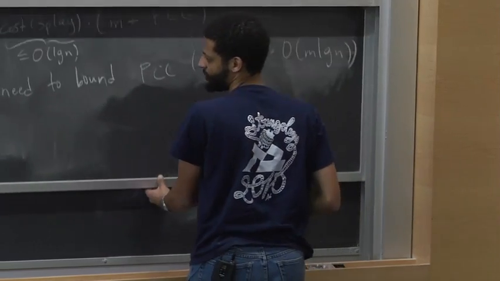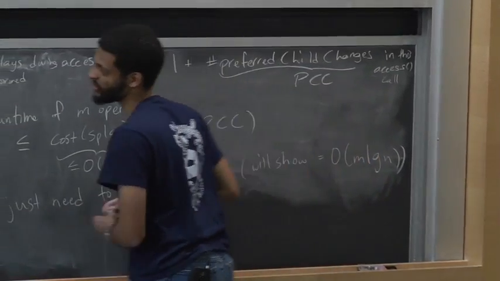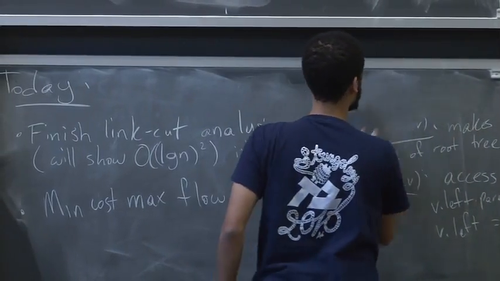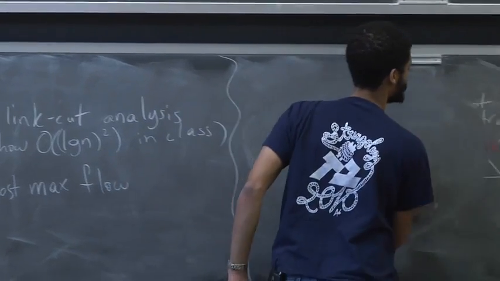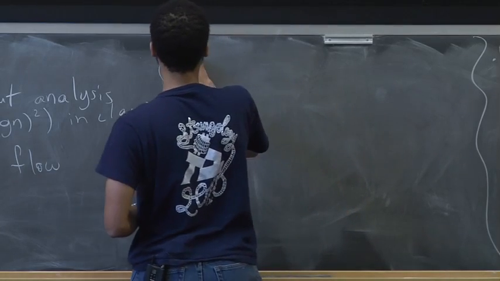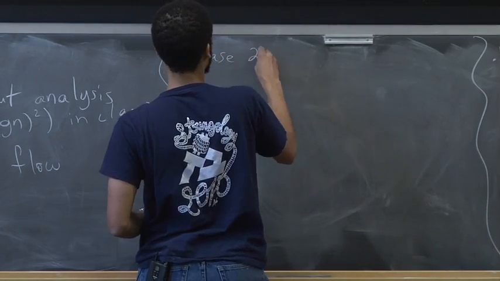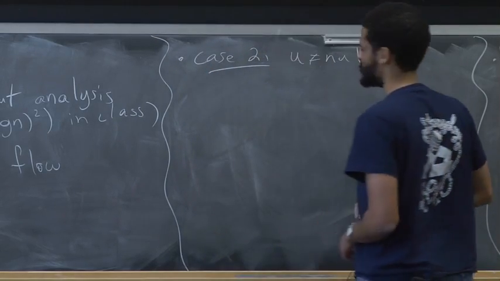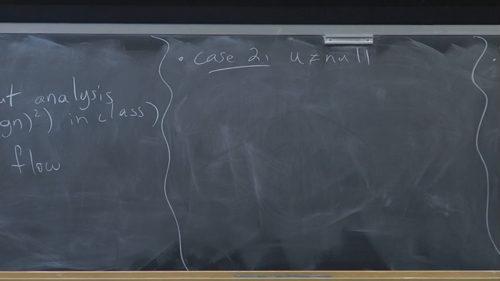In case 2, case 2 is again going to be just charging. U is not null. So it actually had a preferred child before. So this edge, WV, is heavy.